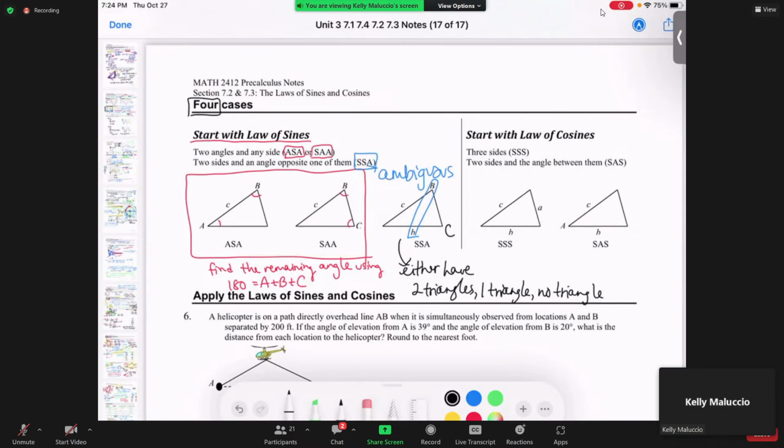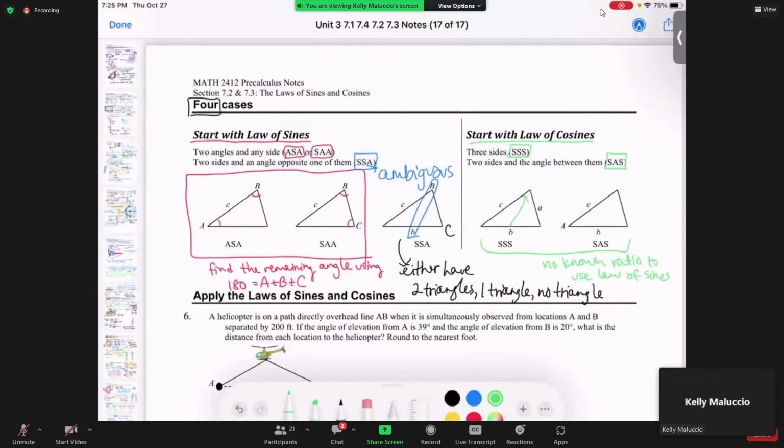And then this last piece is if we are given side side side or side angle side, we will have to start with law of cosines. The reason being is that there is no known ratio to use law of sines.